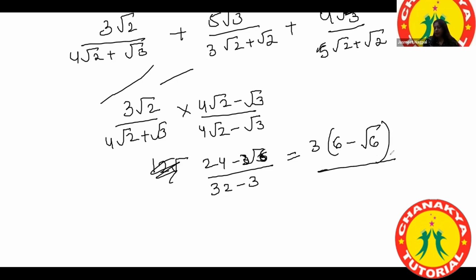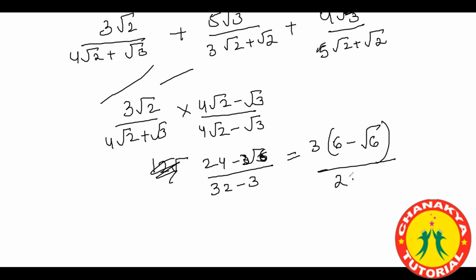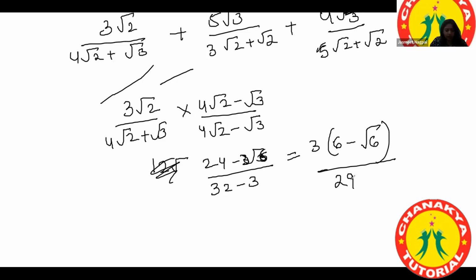And 32 minus 3 is 29. 29. Ma'am, will this become 18 minus root 18 by 29? 18 minus root 18 by 29?